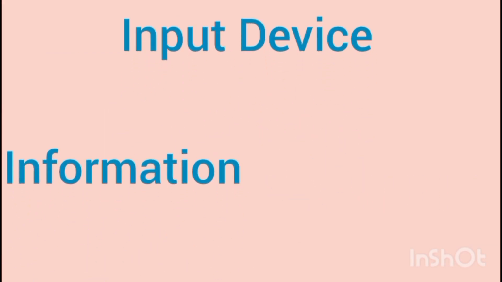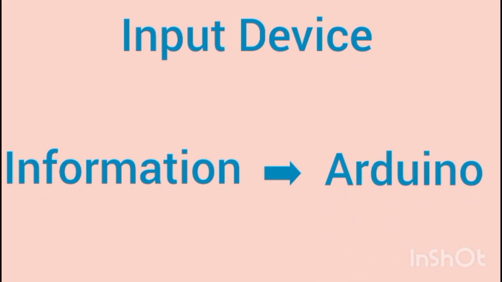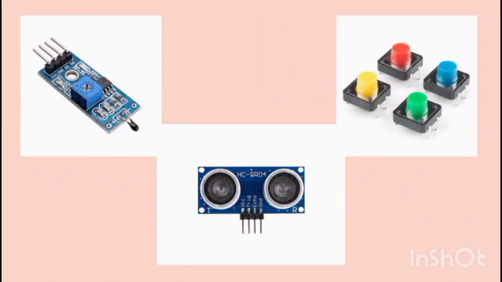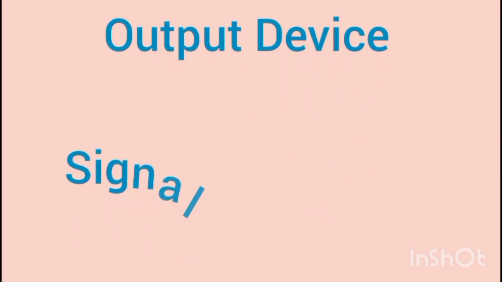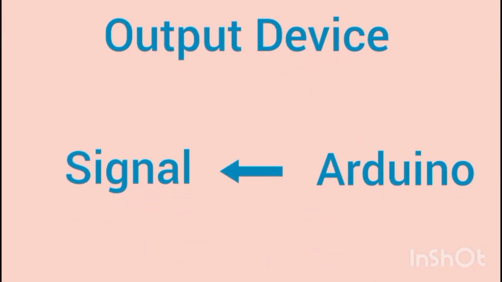Now let's understand input and output devices. Input devices send information to the Arduino, for example sensors, buttons, or temperature modules. Output devices receive signals from Arduino, for example LEDs, buzzers, motors, and displays. Now let's look at the pins of the Arduino.